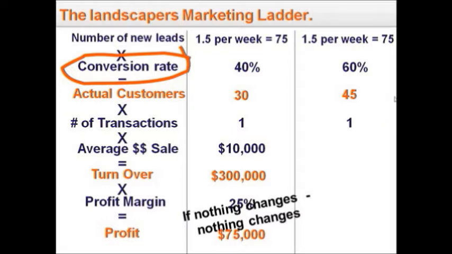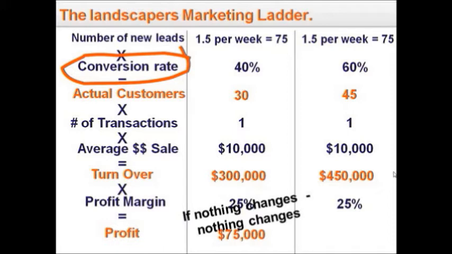Now if the transaction is still one transaction per customer per year, and if the spend is still only $10,000 per customer, then the turnover increases from $300,000 a year up to $450,000 per year.